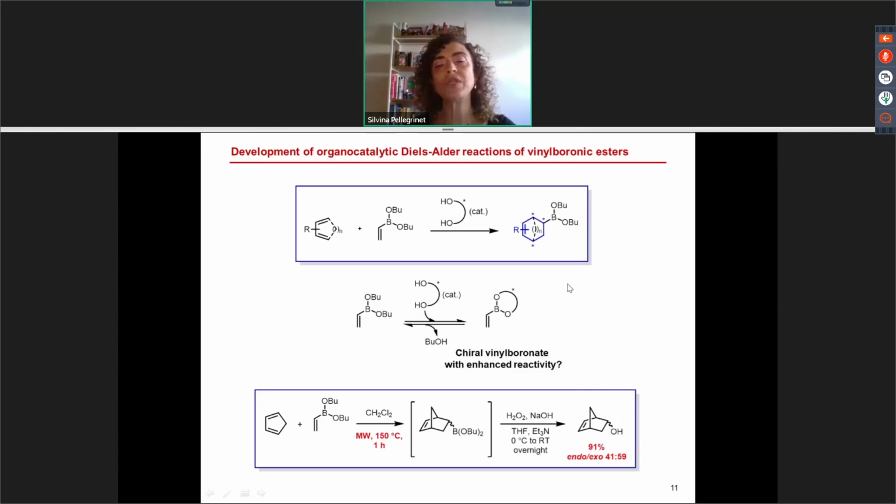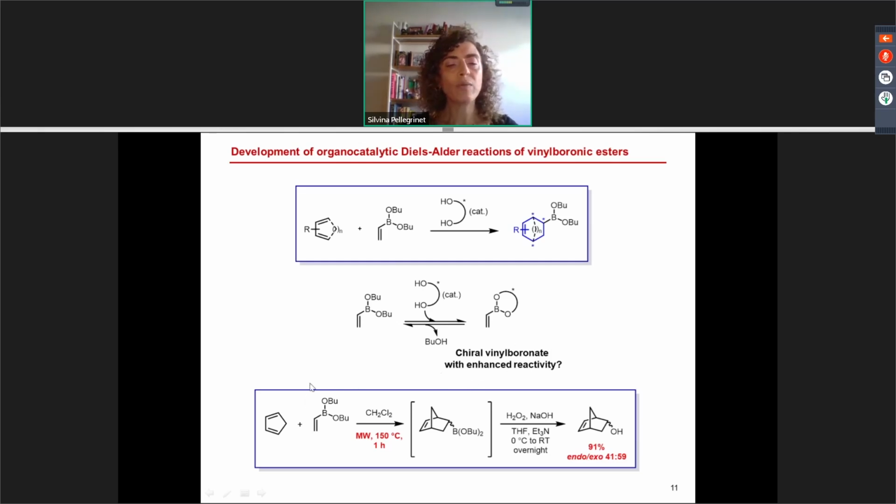So we thought that maybe we could use this idea for organocatalyzing our Diels-Alder reactions. So we would need a boronate that can exchange its ligands. We used the butanol derivative and thought that maybe we could obtain a boronate with enhanced Diels-Alder reactivity.